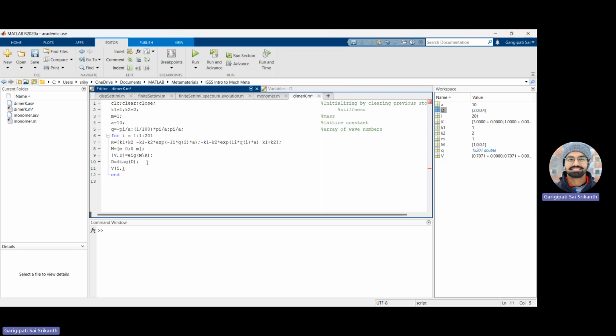So V of I, and then this colon means all the indices at that position. Let's just call it eigenvector.